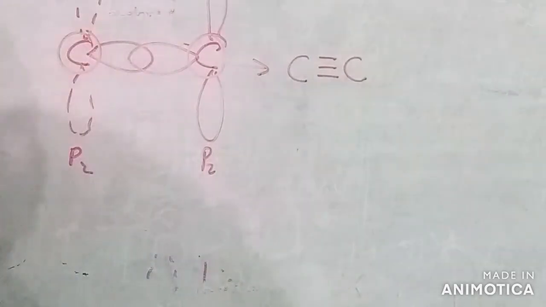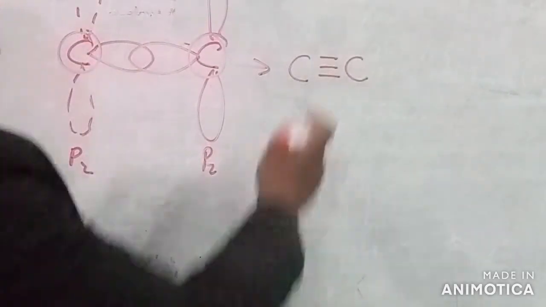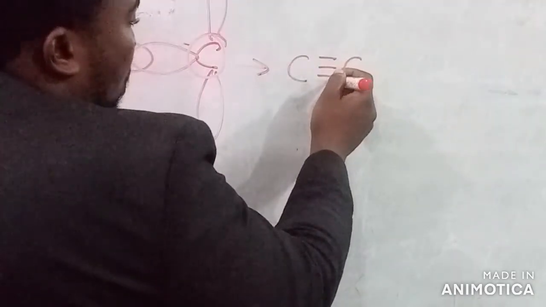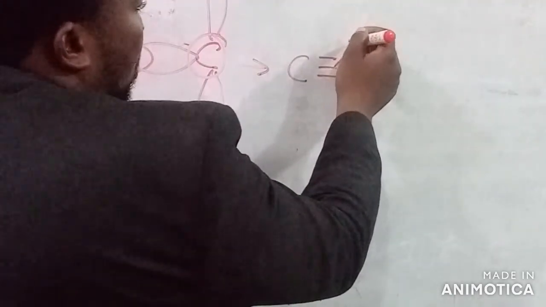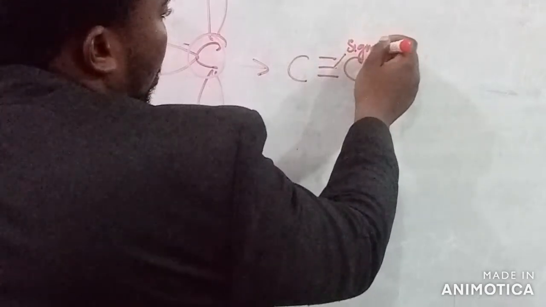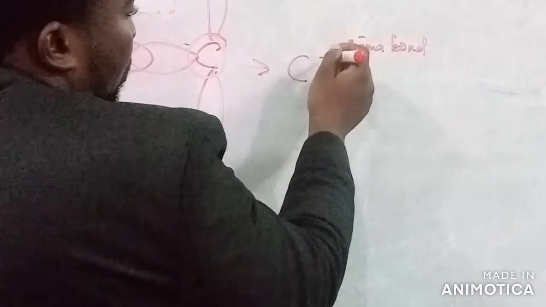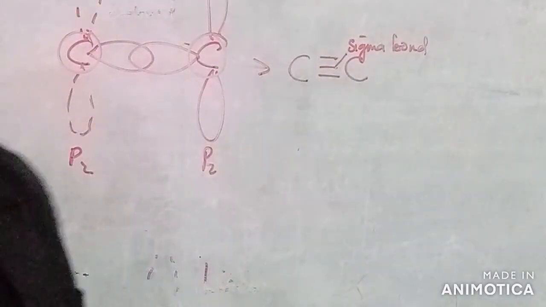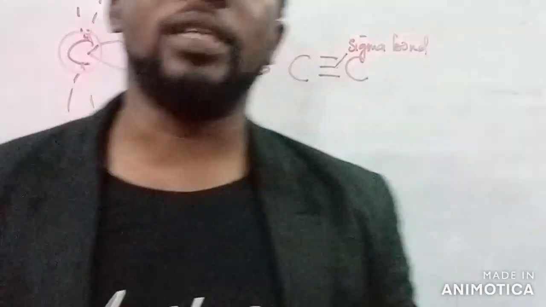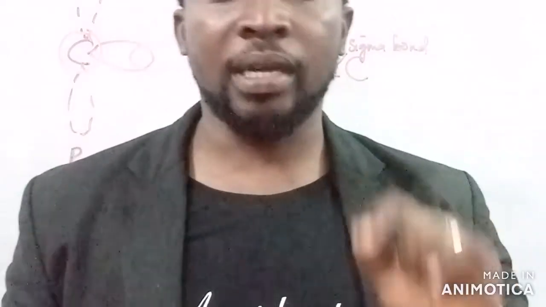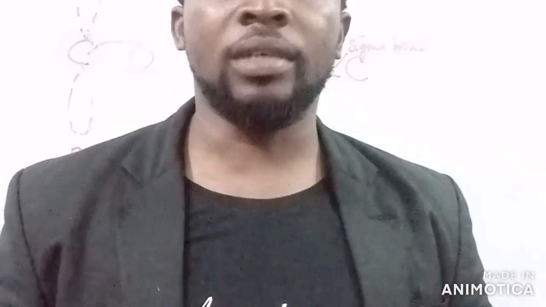Triple covalent bonds. So out of these three covalent bonds, one is the sigma bond, while the other two are pi bonds. The pi bonds are formed by the overlap of unhybridized parts of the atom. I hope this explains all that you need to know as far as hybridization in carbon atom is concerned.